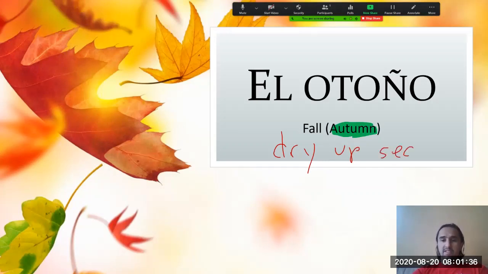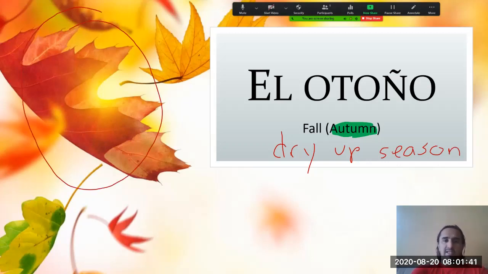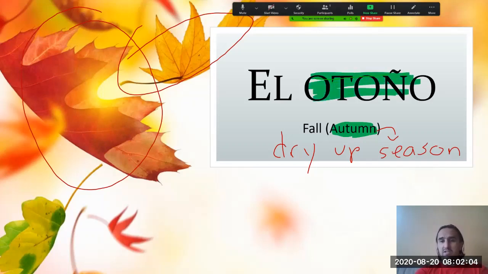So whenever the plants start drying up, and we always see autumn with leaves drying up. That's the way we see it. So in English, they use a Latin term. In Spanish, we say otoño, which actually is a derivation of autumn, but just throughout the years, it has changed. El otoño.